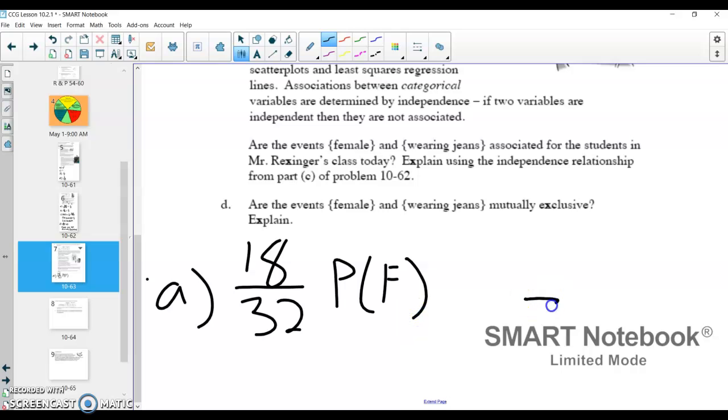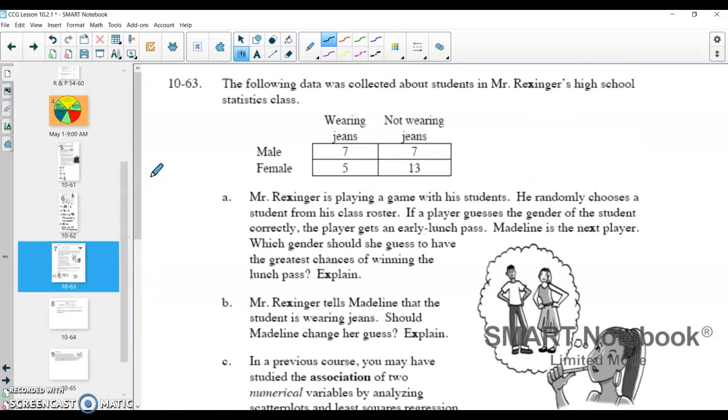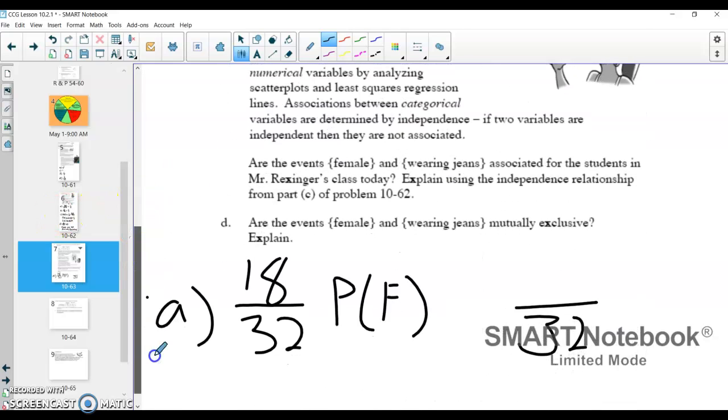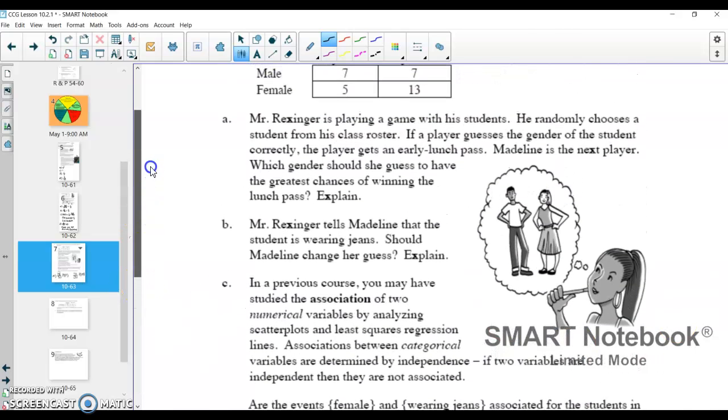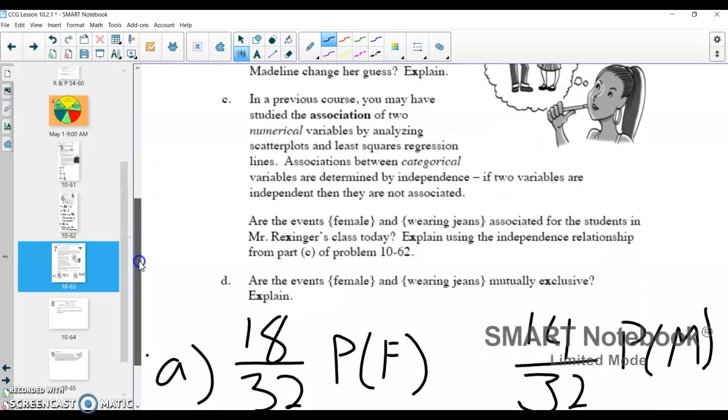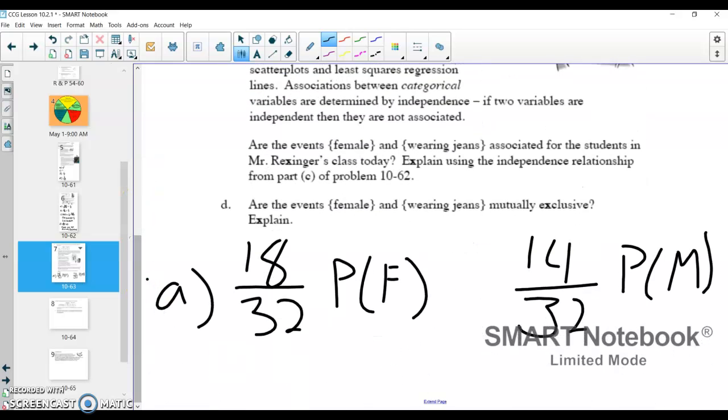And for male, there's also 32 total students, and 14 of them are male. So that's the probability that you pick a male student. And so you look at these two probabilities in terms of this game, and you say, well, without the conditional probability, without knowing anything else, would you rather pick a female student or a male student?